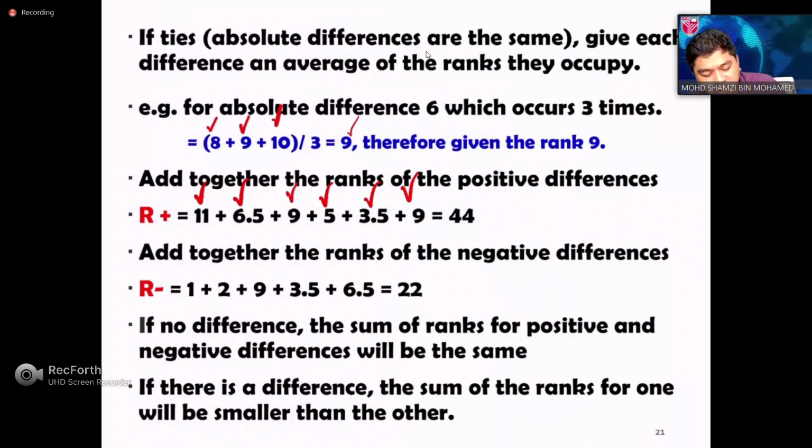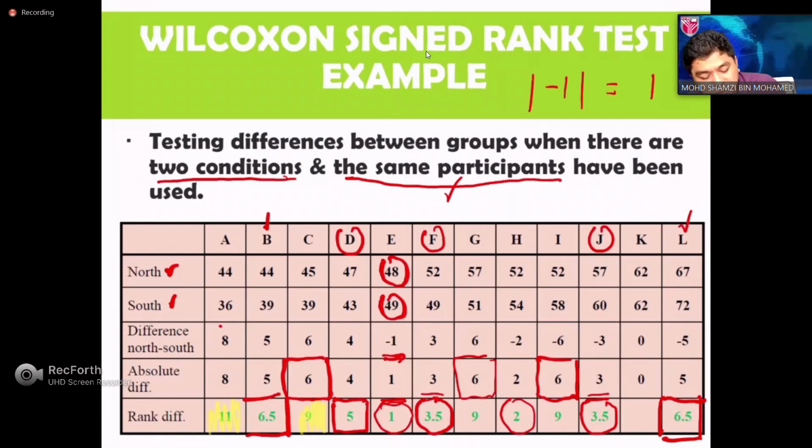Okay. The ones that have a positive difference. Positive difference 11. Okay, 11. Okay, 6.5 positive, 5 positive, 3.5 positive, this one positive.